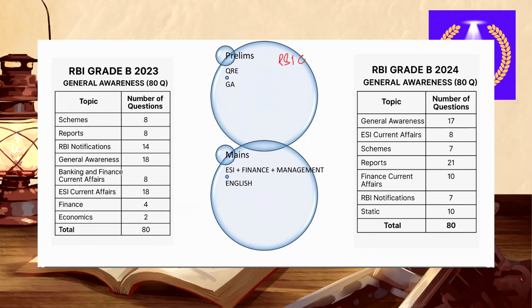You have RBI circulars. You have Governor and Deputy Governor speeches, right? You have various reports published by various agencies, whether national agencies like NITI Aayog or international agencies like the World Bank, WTO, IMF.